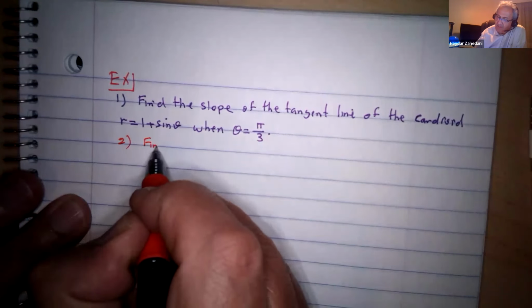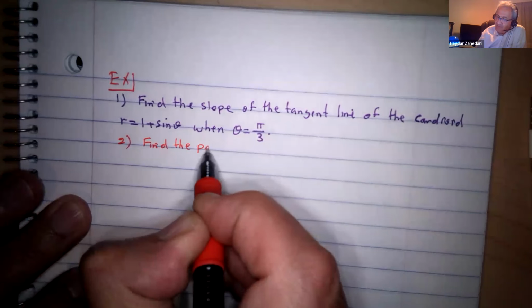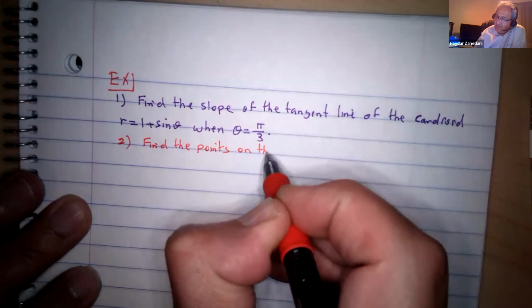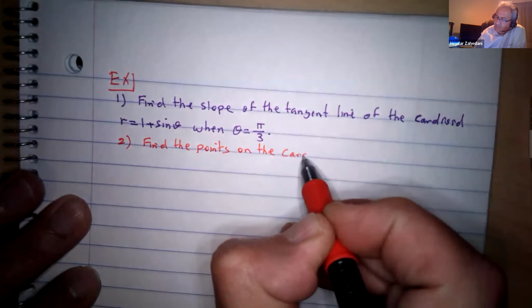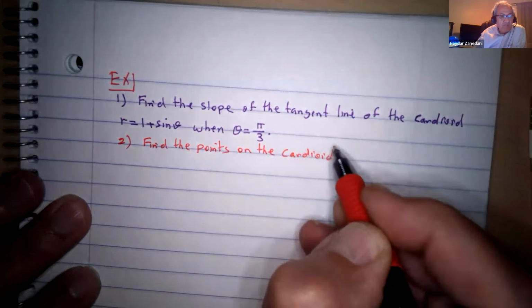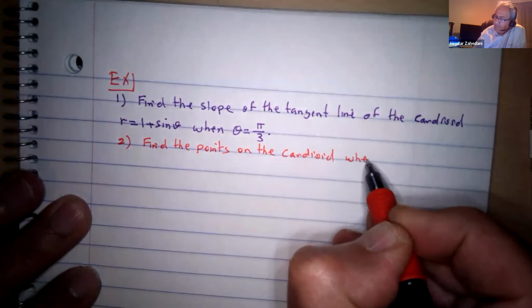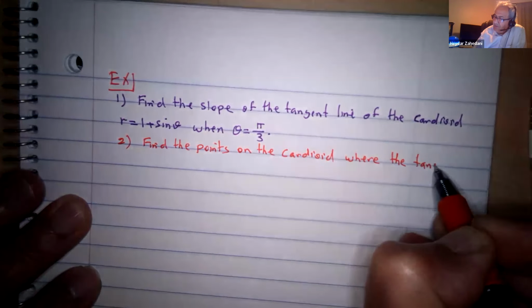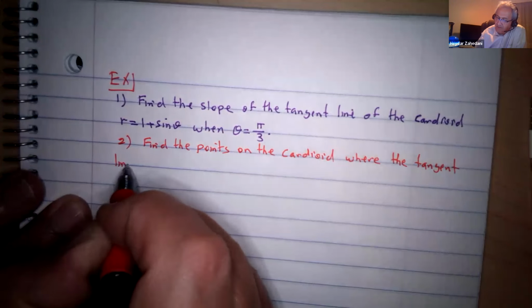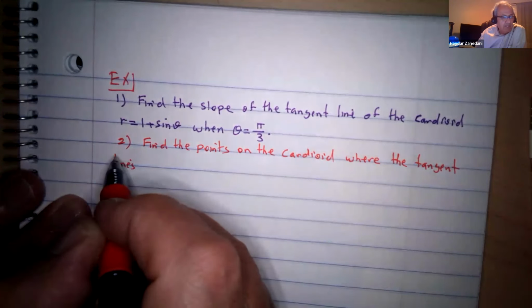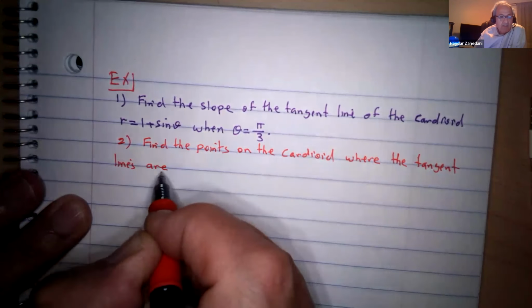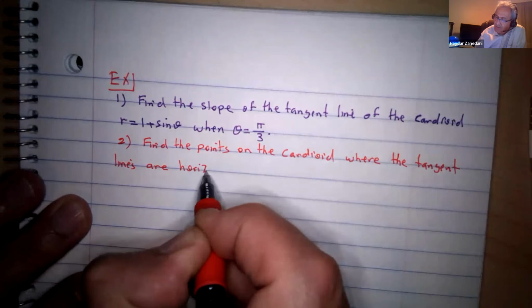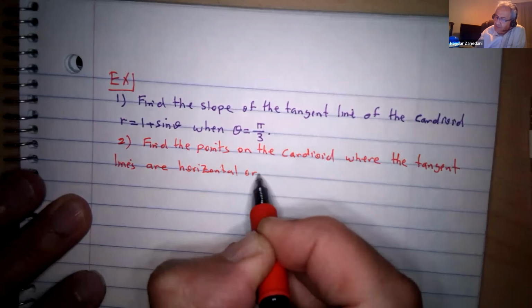So I would like you to find the points on the graph, on the cardioid, where the tangent lines are horizontal or vertical.